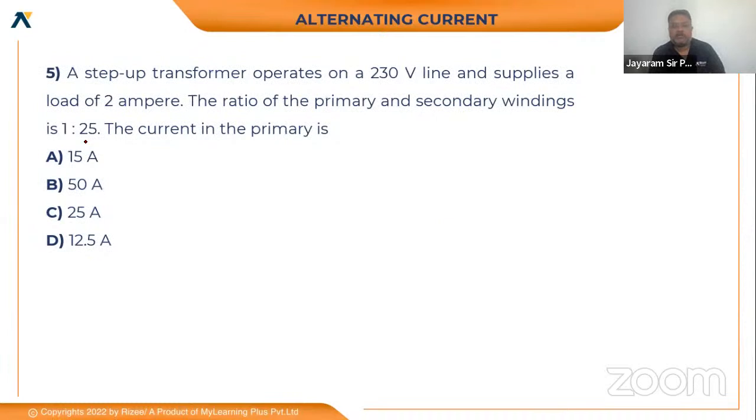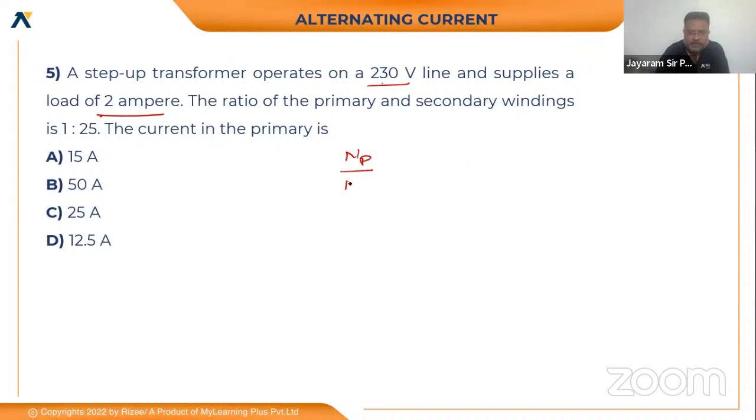Next is a step-up transformer. A step-up transformer operates on a 230 volts line and supplies 2 amperes. The primary and the secondary windings are in the ratio, and current in the primary is asked.